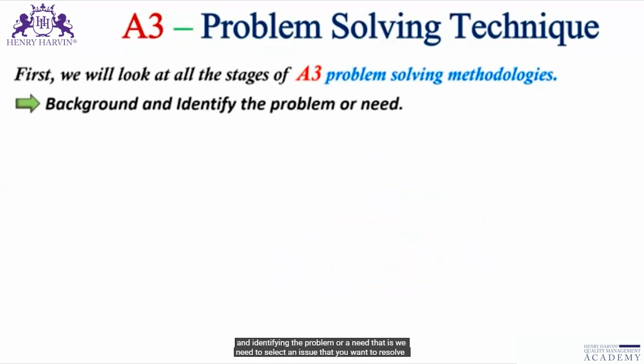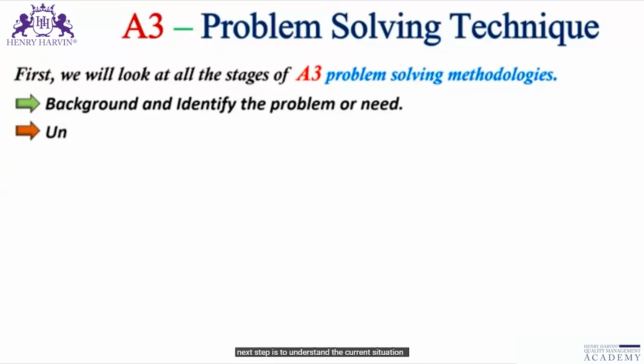That is, we need to select an issue that you want to resolve first. Probably state how this issue impacts your business, your customer, your process, and of course your bottom line. Next, the team should break down or further define the problem. You can ask relevant questions using the 5W1H technique, that is what, when, where, who, why, and how.